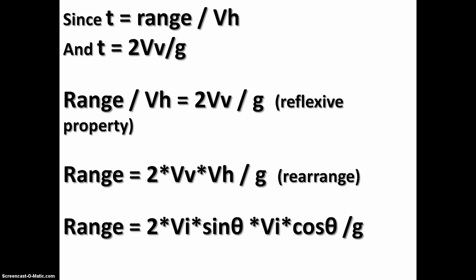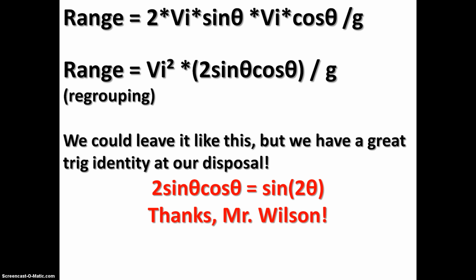We substitute our definitions for VV and VH using the trig functions, and so we have the range is equal to 2 times VI times the sine of theta, which is VV, times VI times cosine theta, which is VH, divided by G. So we start with that equation again, and then we can do some regrouping.